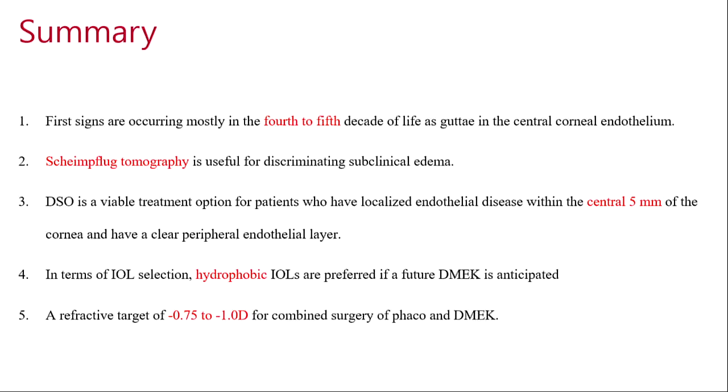In terms of IOL selection, hydrophobic IOLs are preferred if future DMEK is anticipated because we need gas or air. A refractive target of minus 0.75 to minus 1.0 diopter is recommended for combined surgery of PACO and DMEK.